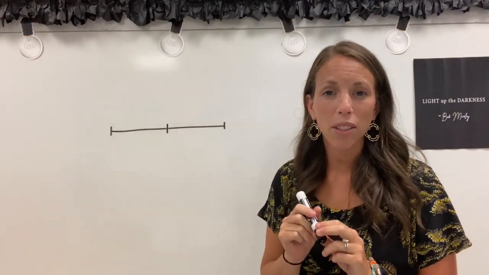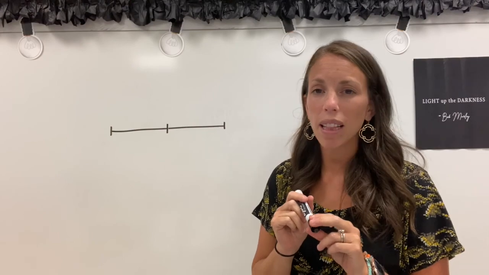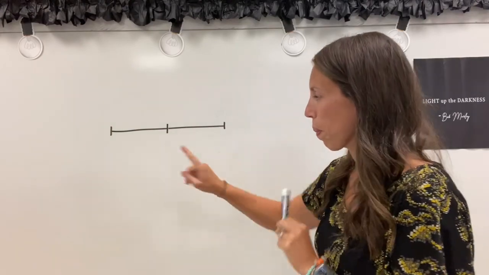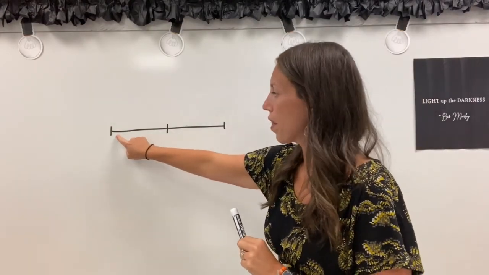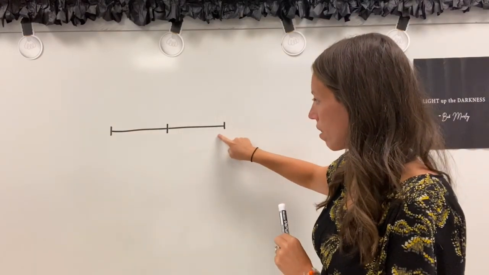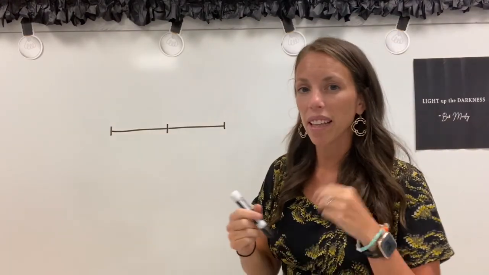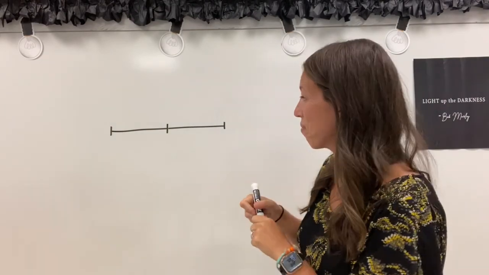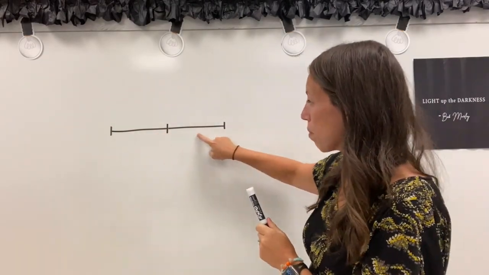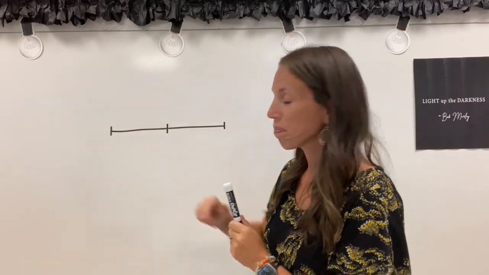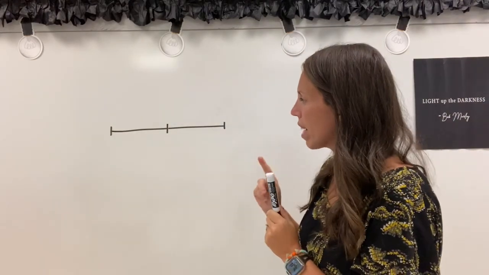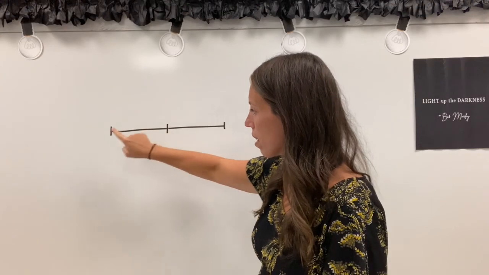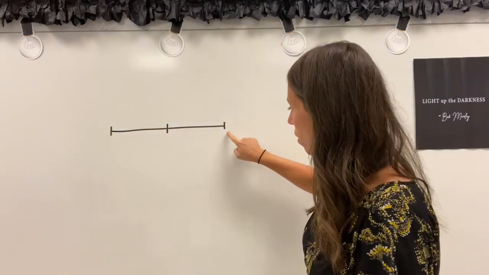Let's practice those vocabulary words a little bit more. If you remember what this line is, go ahead and yell it out to me. That's right. It's a rhythm line. Excellent. Now, how about these smaller lines?